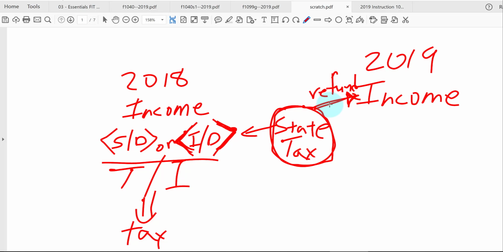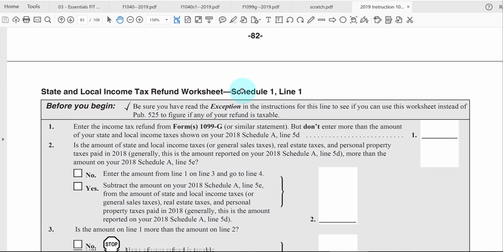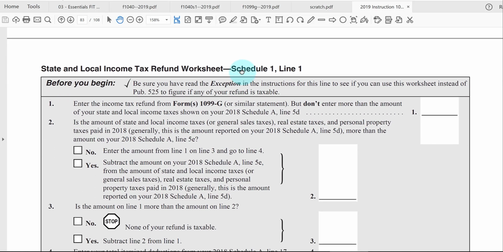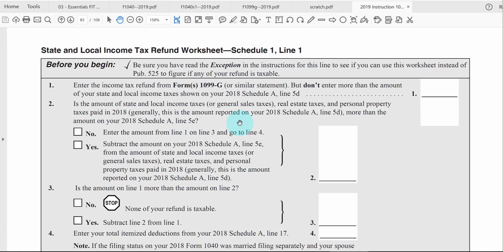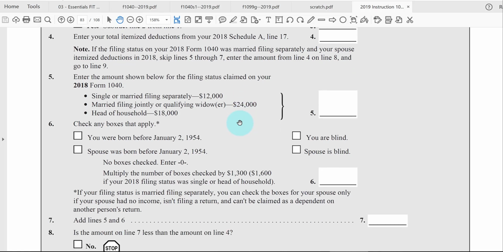So what you should do, if you itemized in the previous year and got back a refund in the following year for state income taxes, is fill out this worksheet here on page 83 of the 2019 1040 instructions. You have to go through this to calculate the taxable state income tax refund.